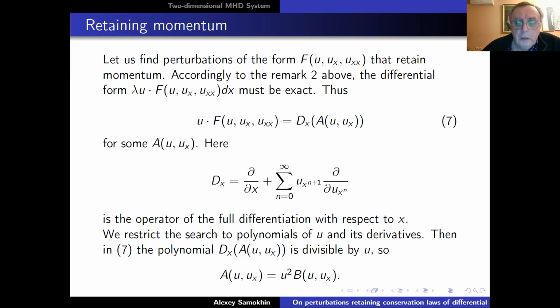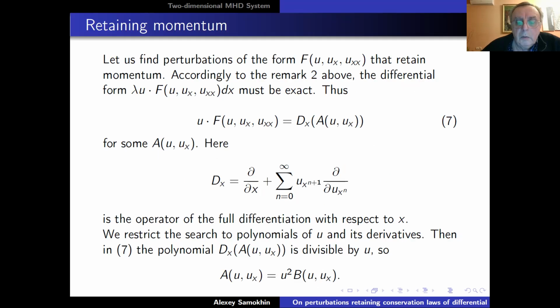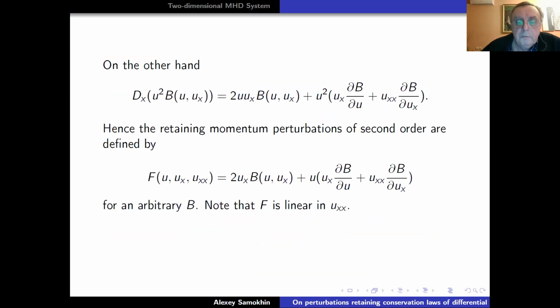That means that a is u square multiplied by some other function b. Then that is, previously it was a, and we get another very simple result.